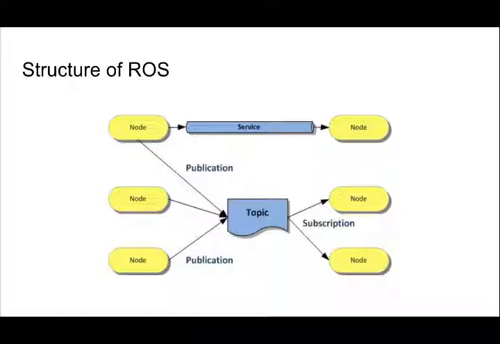Structure of ROS. So this is how your ROS is going to look. Not exactly like this, but ROS has mainly two things: a ROS core, and it is connected to a lot of nodes. You can have n number of nodes, and these nodes can be on different systems.